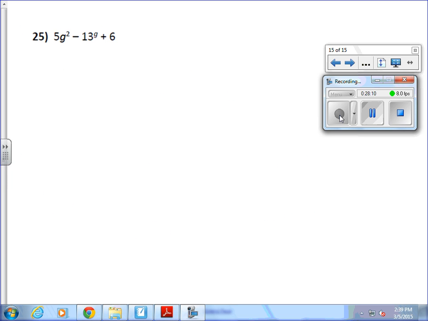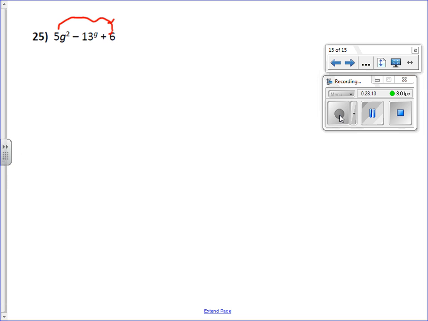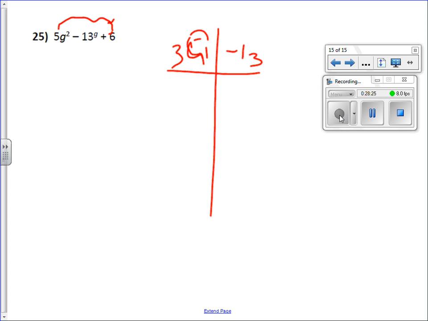Last problem. A is 5, B is negative 13, C is 6. So we need two numbers that multiply together to give me 30 and add together to give me negative 13. 6 times 5 is 30, 10 times 3 is 30.